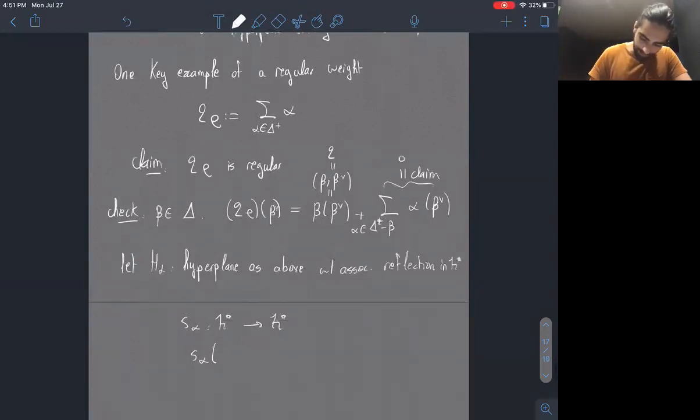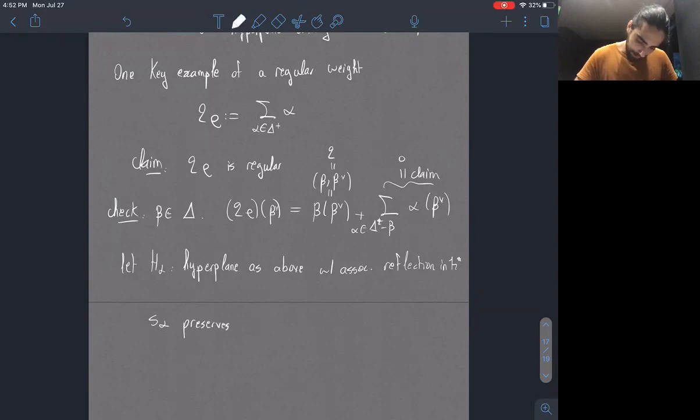I don't want to spend too long on this because we only have 10 minutes. I'll skip this for now because I'll just get confused by the notation, and I'll just say that the associated reflection S alpha preserves the set of positive roots, take away alpha, for every alpha.